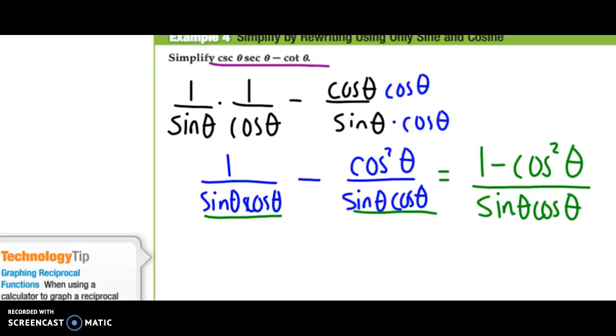Well, if you look back to earlier, you'll see that 1 minus cosine squared is the same as sine squared of theta. So this thing right here is actually the same as sine squared of theta.